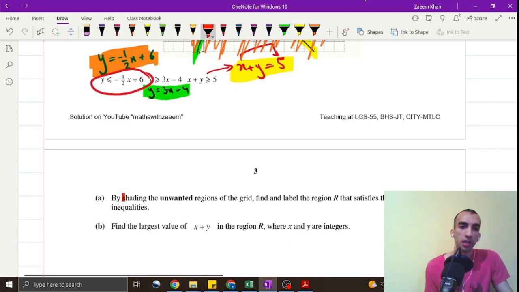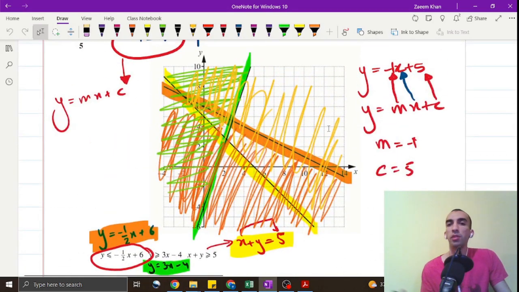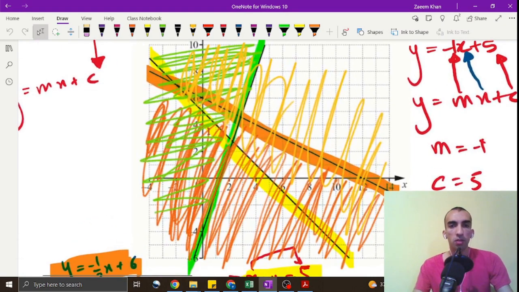We're saying shading the unwanted regions. Unwanted regions are the regions where you do not see all three colors. For that, it's easier to just identify the regions where you do see all three colors. Where do you see all three colors?